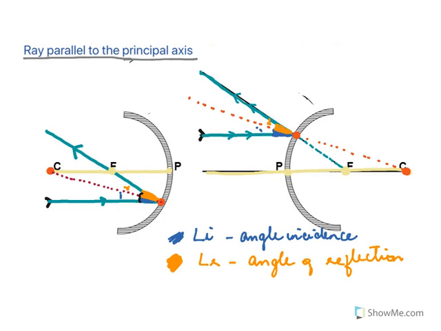So a ray that is parallel to the principal axis always passes through the focus.